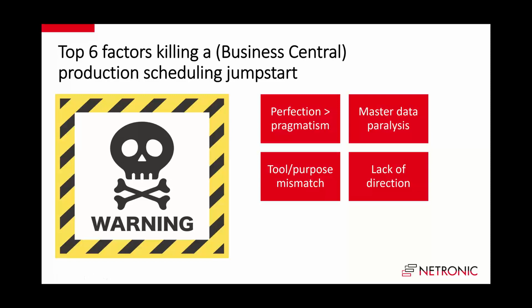Then the fourth trap is a bit broader, but it goes in the same direction as purpose. You need to have a direction of where you want to go with production scheduling. You or your clients need to be clear about why they need production scheduling. And this must be more than just having a fancy visual production scheduling, a fancy Gantt chart or whatever.